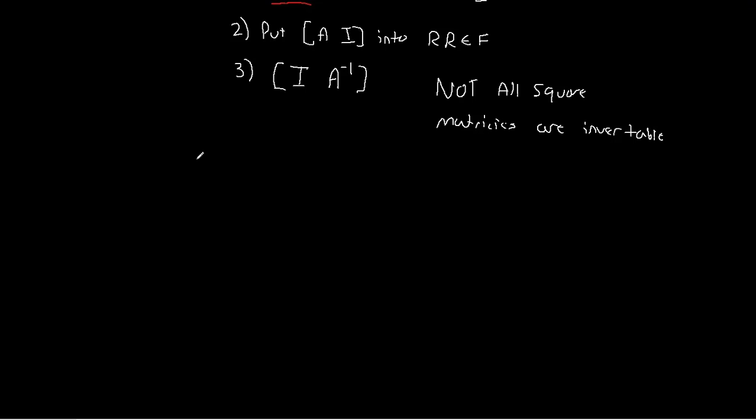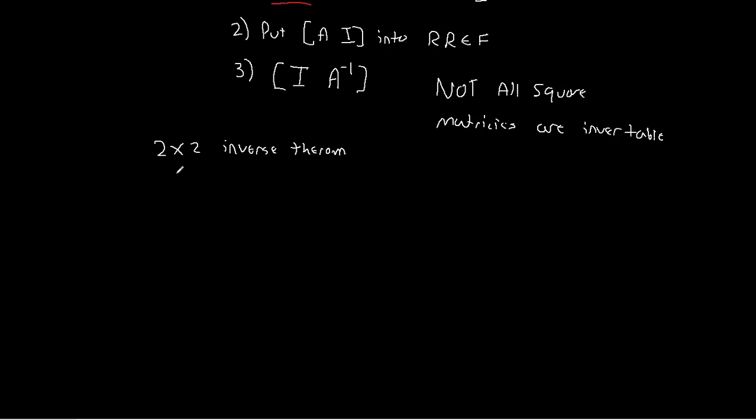So the first thing I want to talk about is the 2x2 inverse theorem. There's a separate optional video where I go through the steps we outlined above: I augment the matrices, I put it into reduced row echelon form, and I prove that this works.